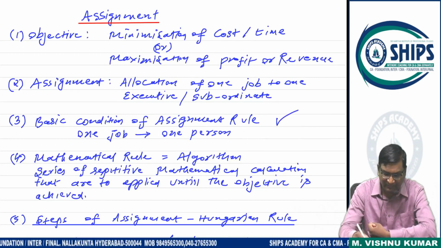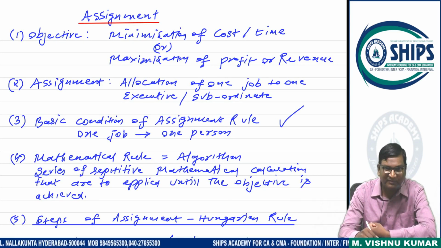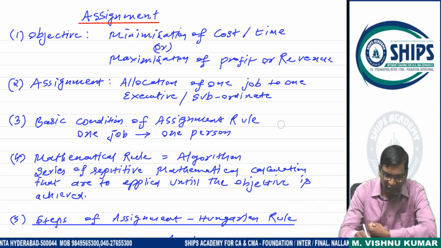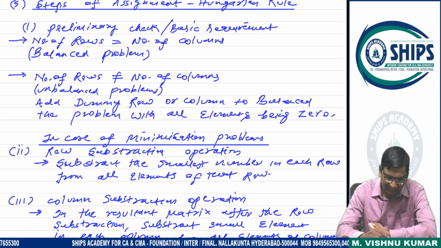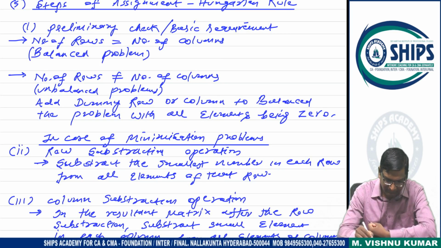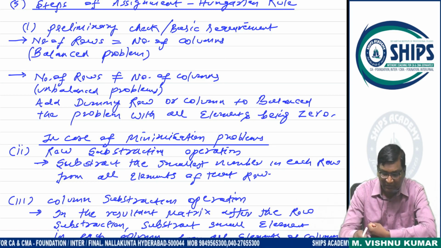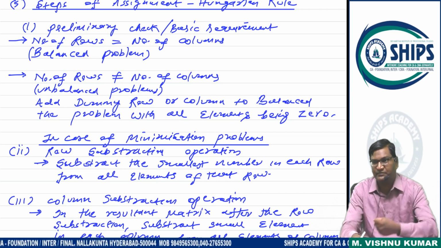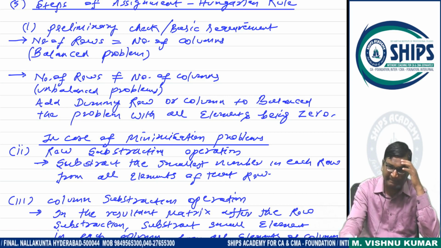Because of this rule: in assignment, what is the condition? One job per worker. If there are 3 rows and 4 columns, is it satisfied? Not possible. Rows 3, columns 4, not satisfied. That's why balancing is required. So add a dummy row or column to balance the problem, with all elements as 0. Now why is 0 taken? That is the question.